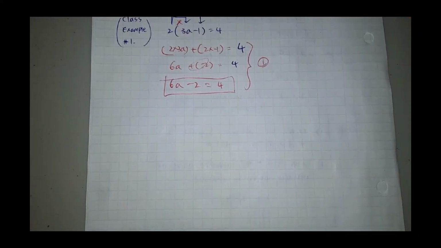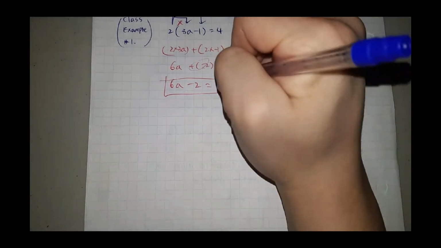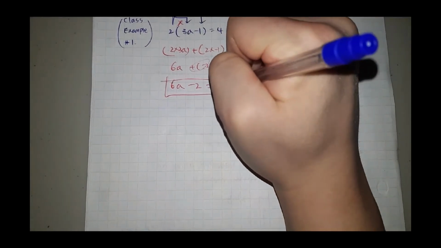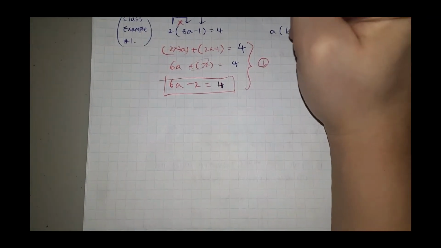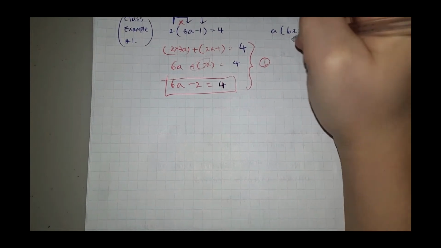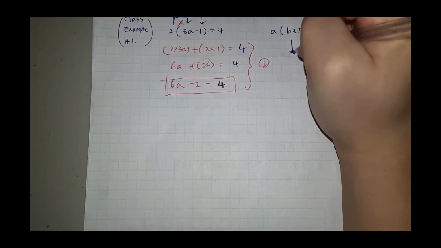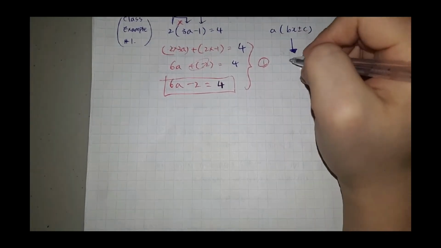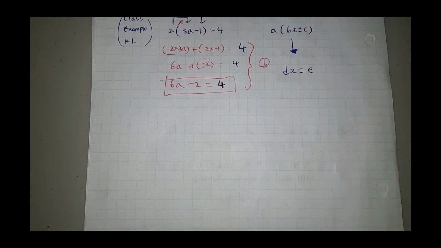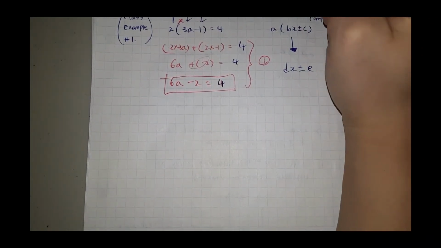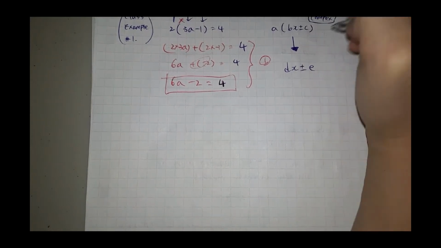This is your step number 1, and by the way, the right side was not changed. What you need to do is make a bx plus or minus c form into our two-step equation form, like dx plus or minus e. You are expanding to make a simpler version, because what you see on the top is the more complex form.